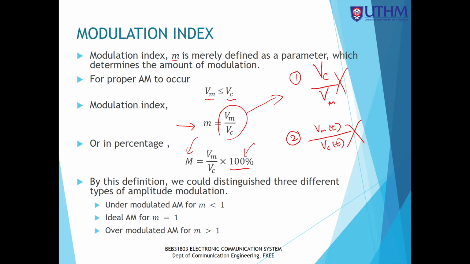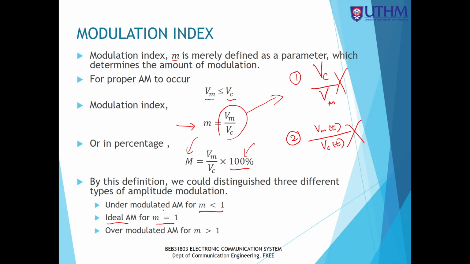Based on this modulation index, we can distinguish three different scenarios of AM. The first scenario is what we call undermodulated AM, where M is less than 1. Then ideal AM for M equal to 1.